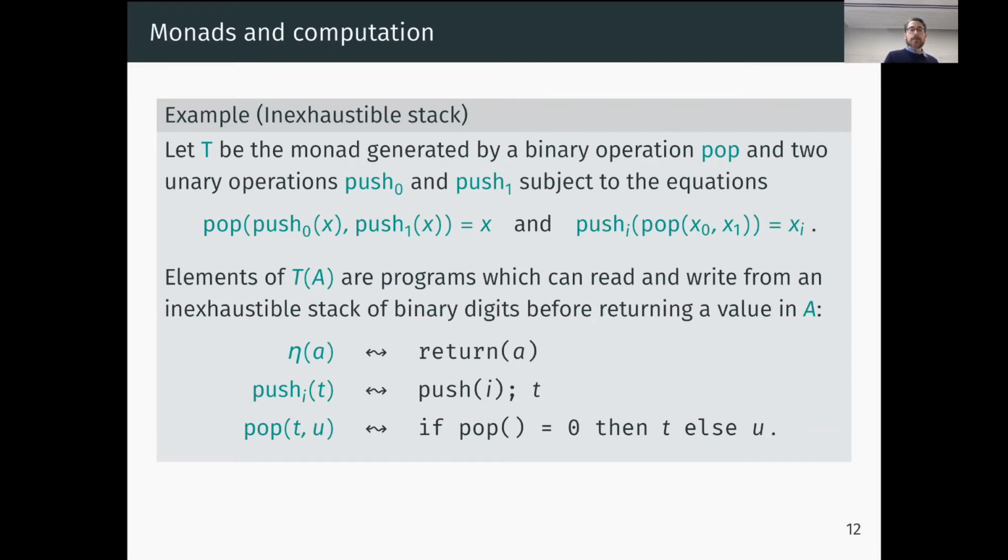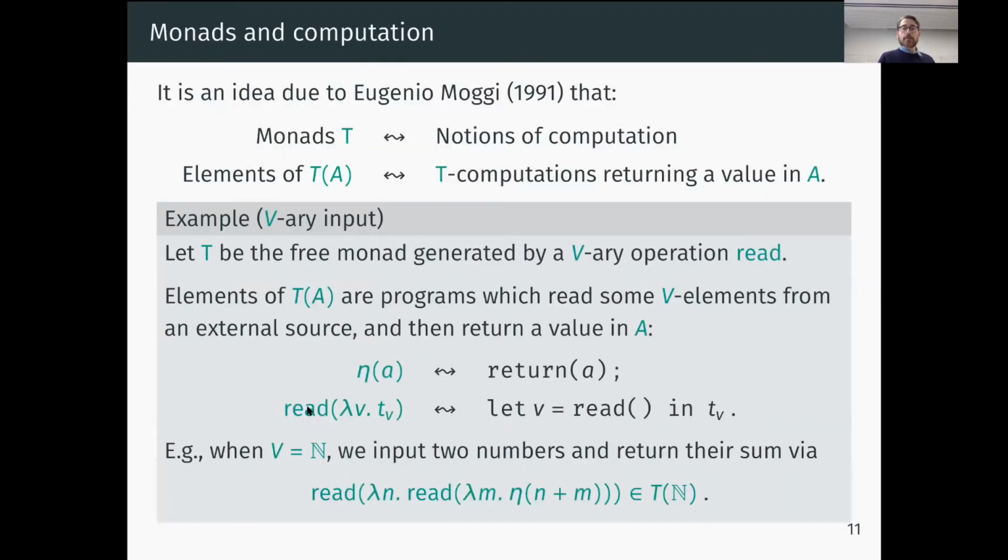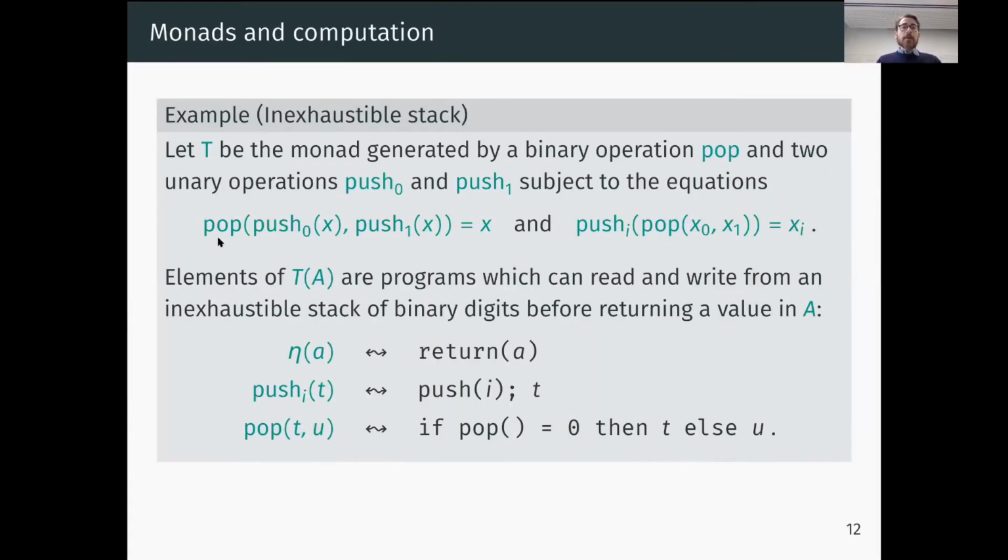You can see that this is analogous to the read operation previously, where V is equal to 2. Indeed, it is this V operation when V is equal to 2. But then there are some axioms here. The first axiom says that if I pop a value from the stack, then this program first pops a value from the stack.